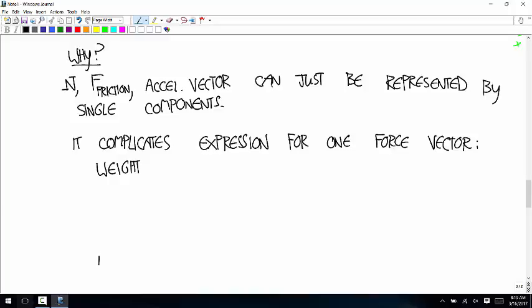And so if you have a force like this, and your coordinate system is like this, then you have to break this weight up into components like that and that.